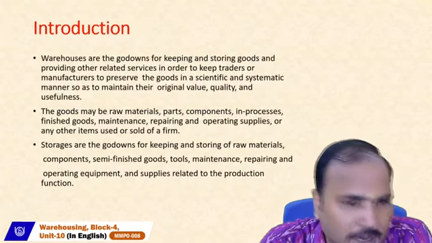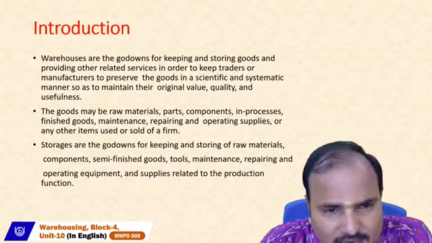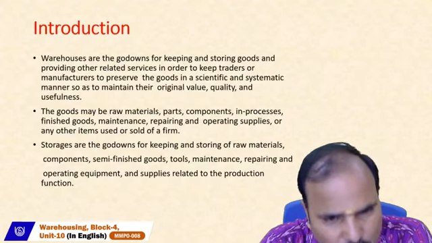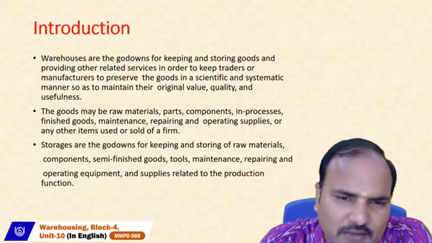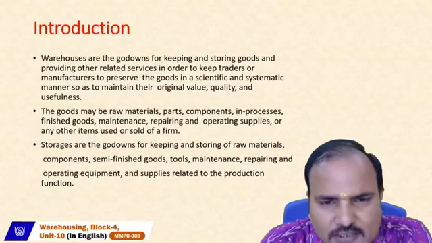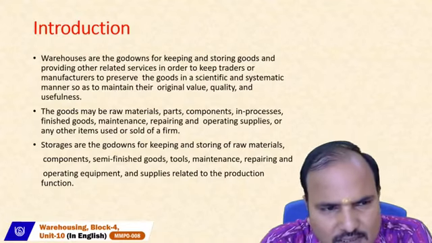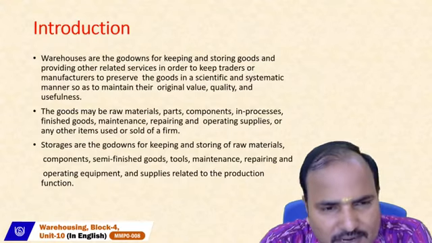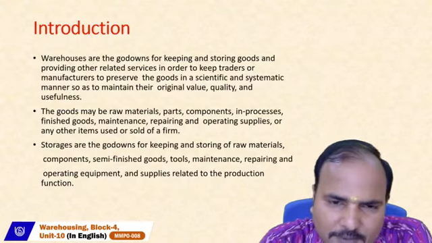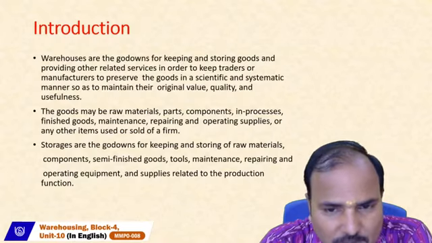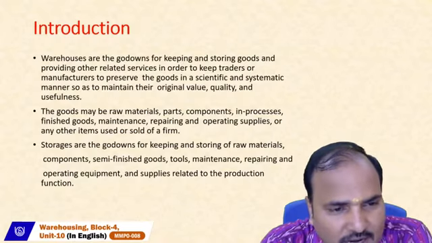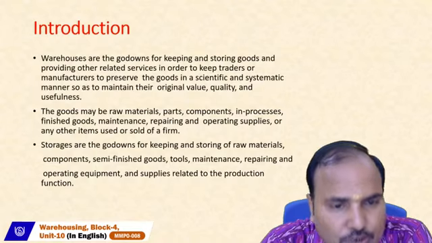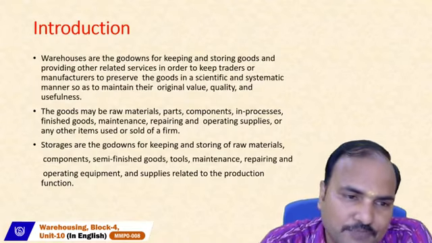Now, basically, the goods may be raw materials, any parts of any products. They may be components, or goods in process, finished goods, maintenance, repairing, and operating supplies, or any other items used or sold by a firm.